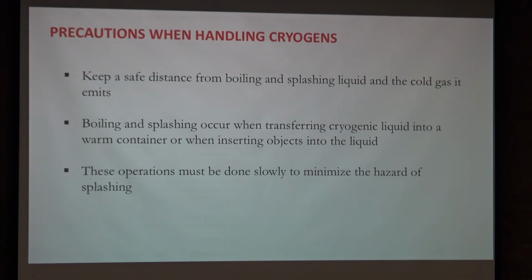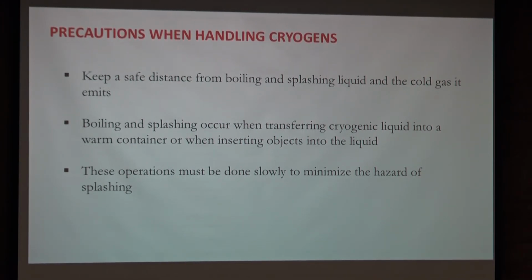If you're handling open cryogenic liquids and there is a danger that you could be splashed from boiling liquids, you want to keep a safe distance, obviously. And the moment when this becomes most dangerous is if you pour a cold substance like liquid nitrogen into a dewar that starts out at room temperature.